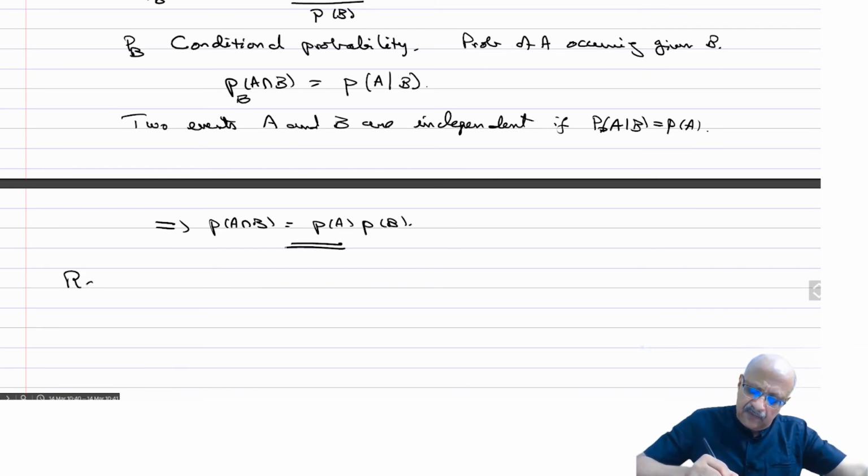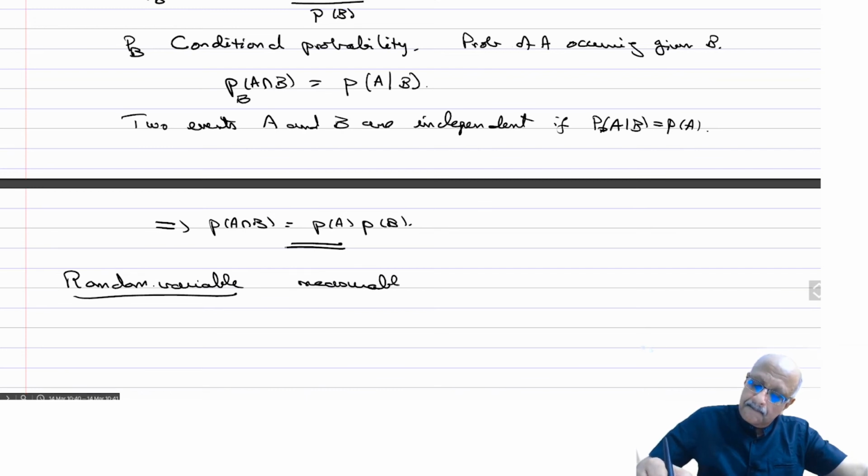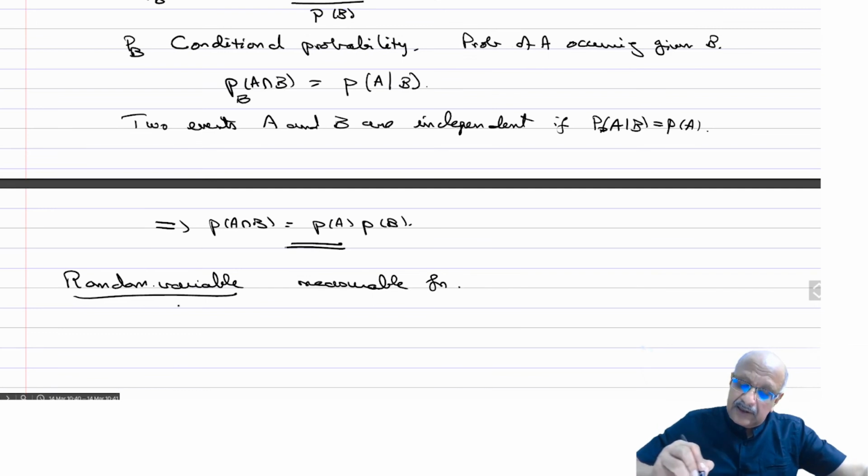Now, a random variable is nothing but a measurable function. Only in probability theory we use the notation X instead of f.